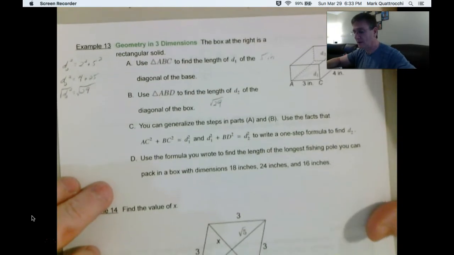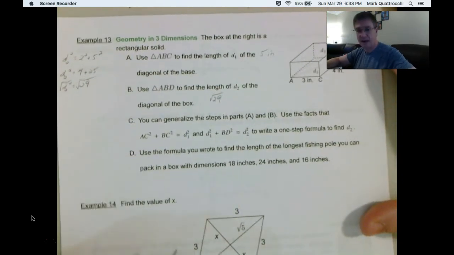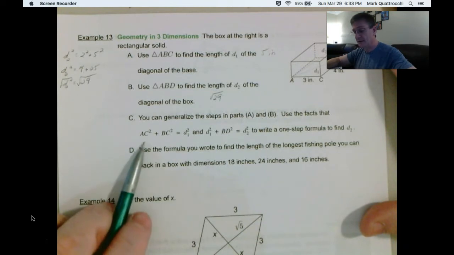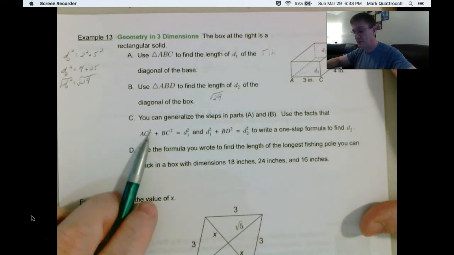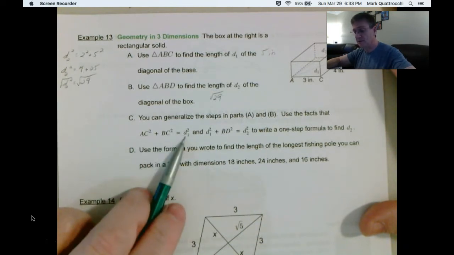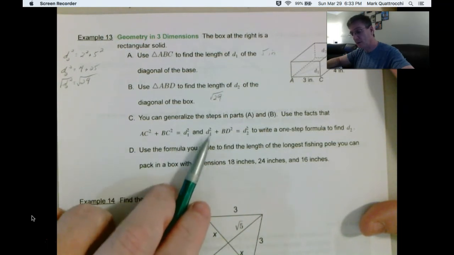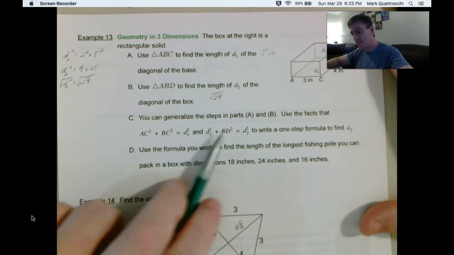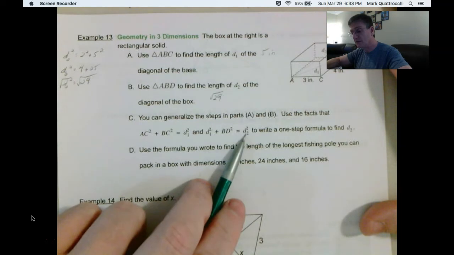Okay, can we generalize the steps in parts A and B? Use the fact that AC squared plus BC squared is equal to D1 squared. And then D1 squared plus BD squared is equal to D2 squared. Sure.